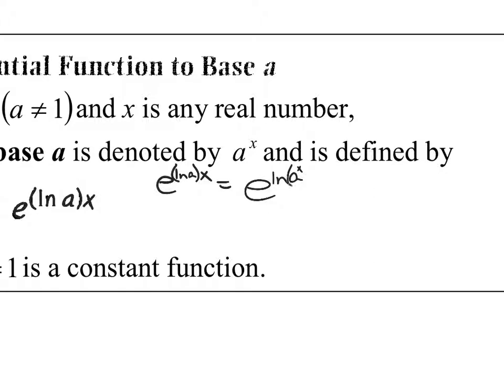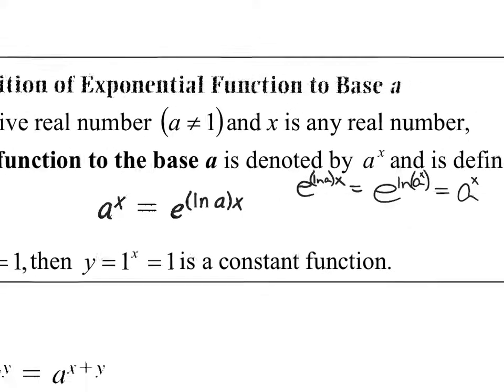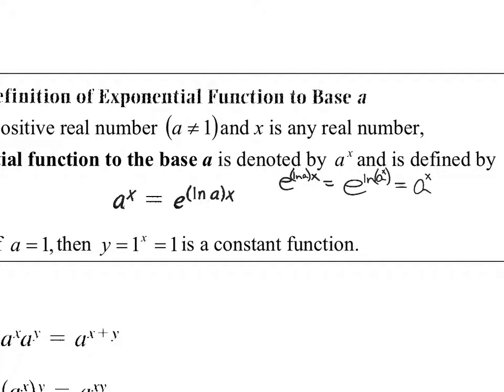Okay? Now, the reason why that's significant is because, as we saw before, natural exponentials and natural logs are inverses of each other. Therefore, this simply equals a to the x. Okay? So that's kind of the intermediate step in there as to how we get this definition of what a to the x is.